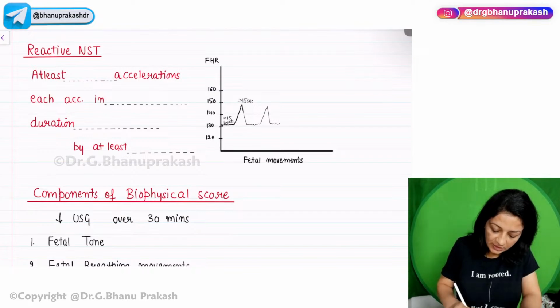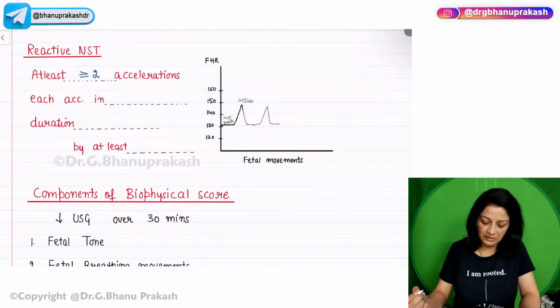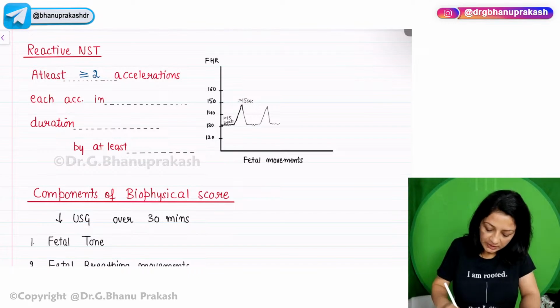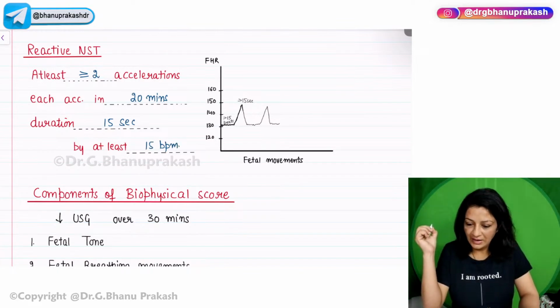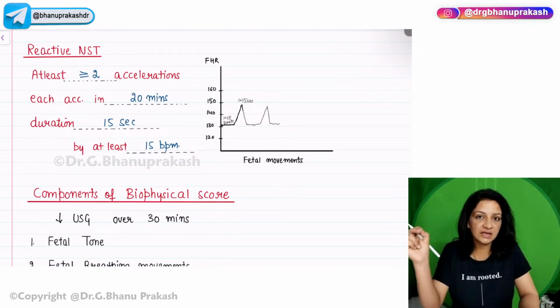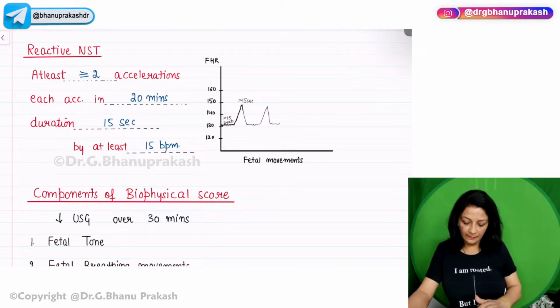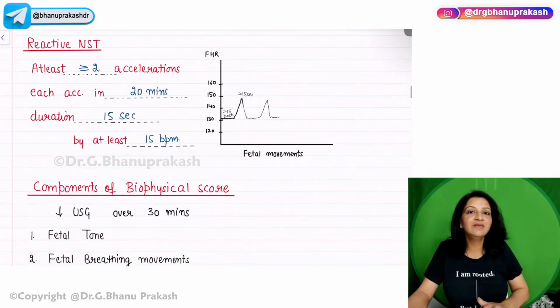At least more than 2 accelerations, each in 20 minutes, with the duration of 15 seconds by at least 15 beats per minute. This is called as reactive NST.